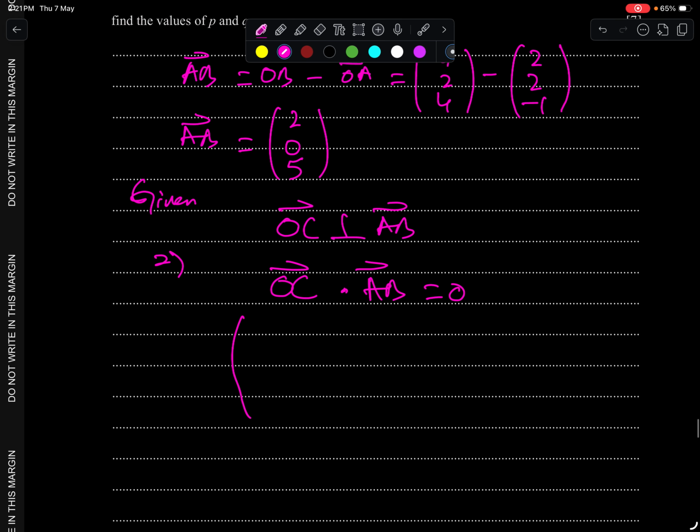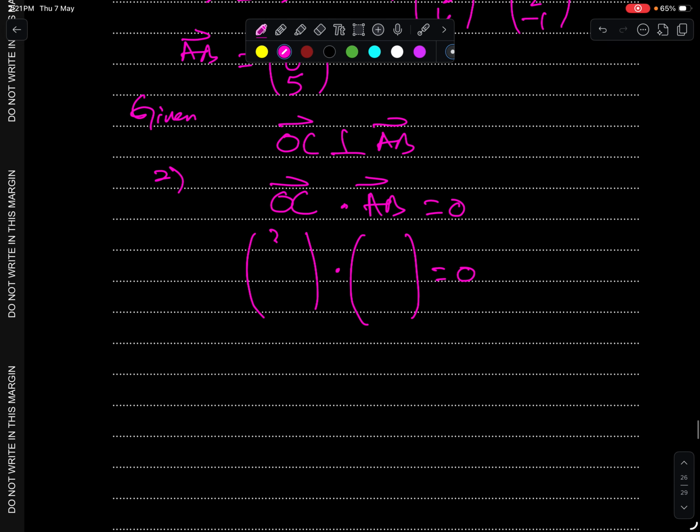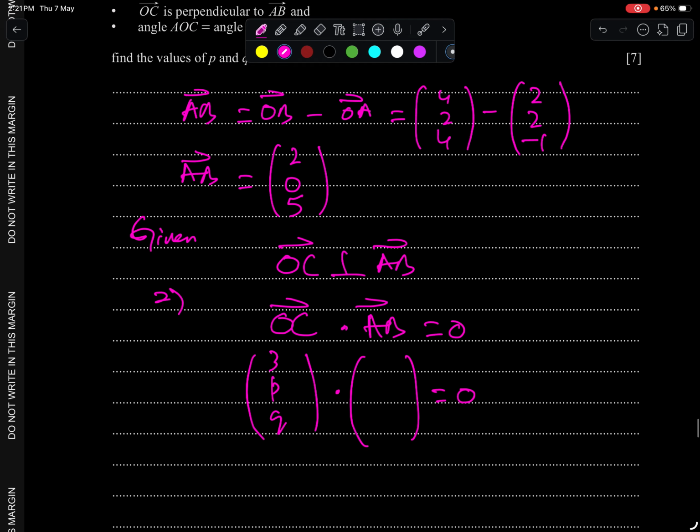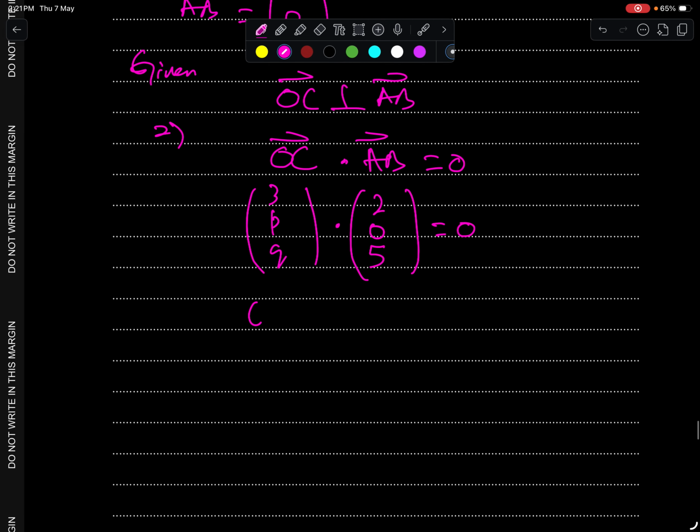Now OC is 3, P, Q. Always use column vector form. It's easy to handle vectors. Now 6, 0, 5Q. Finally we have Q. It's minus 6 upon 5.